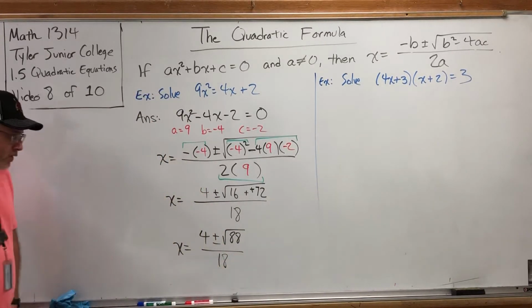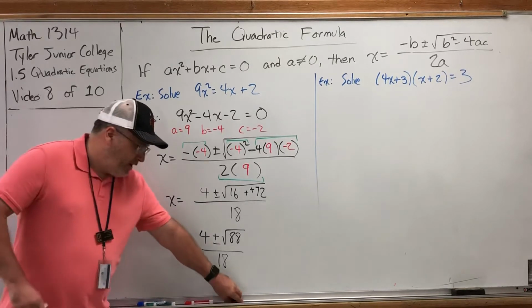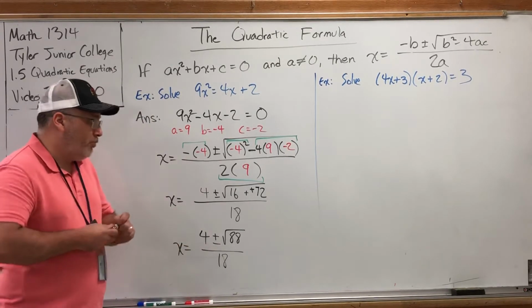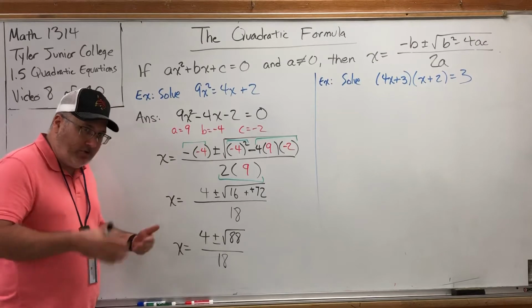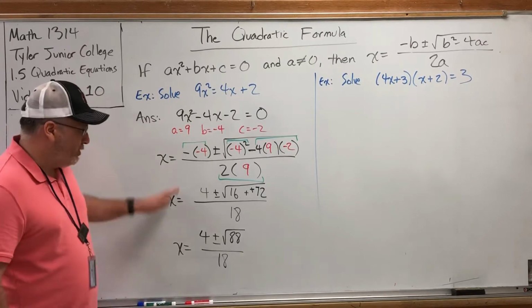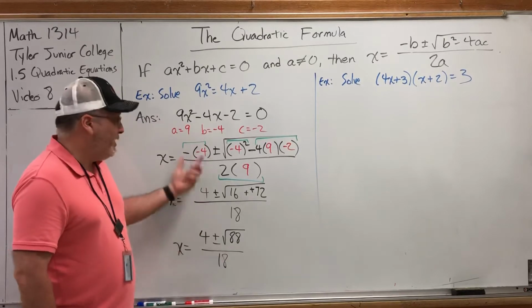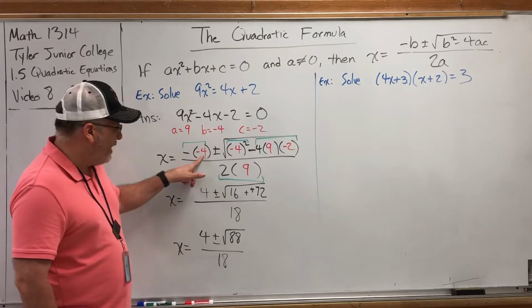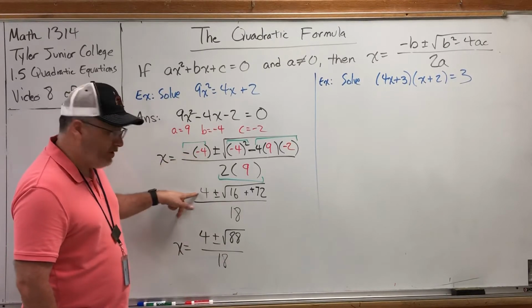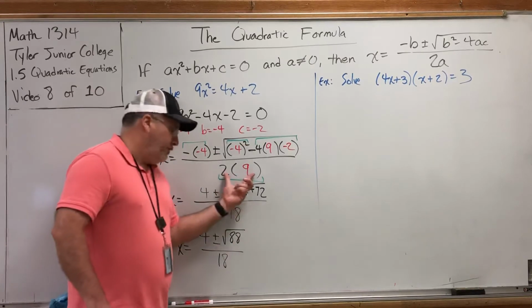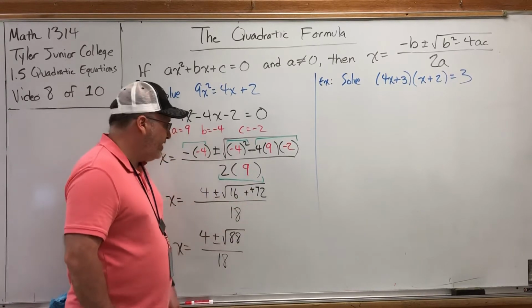Now, we're not done, but every quadratic formula problem will act the same way until here. What I mean is you insert numbers, you clean up any double negatives here. It may stay negative. If this 4 were positive, then putting a minus on it would have made it negative. The multiplication down here is usually pretty easy.